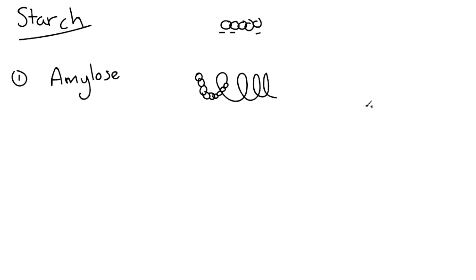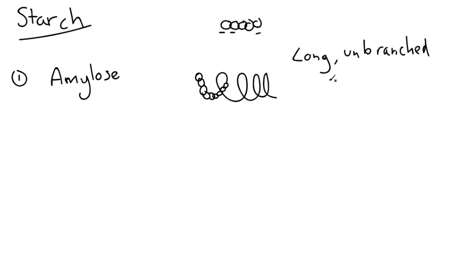It's a chain of alpha glucose, okay, but the way the bonds are angled is that it spins around like this, okay, which means that it's long. So this is the kind of terminology that I remember with amylose. It's long and it's unbranched. Okay, as you can see, there's no branches.